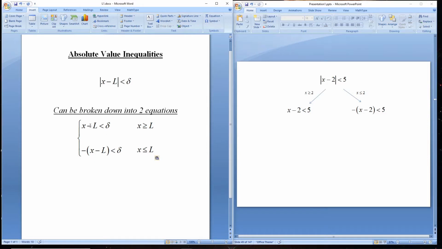If we know x minus L is positive, then we can just get rid of the absolute value. And if we know x minus L is going to be negative, then we can just multiply by a minus sign to make that positive again. And so we can always take this expression here and break it down into these two expressions here.